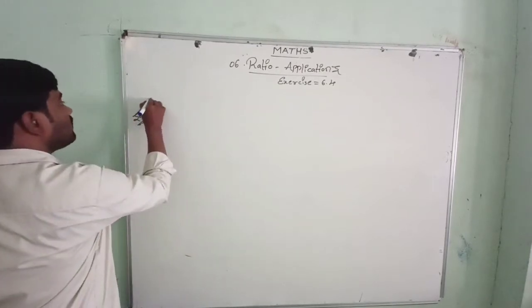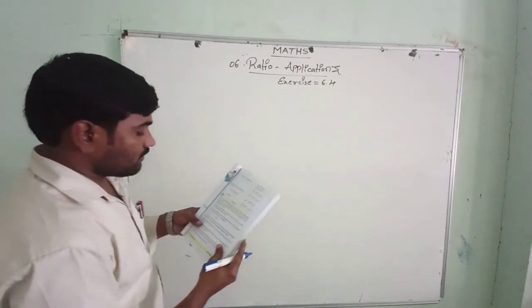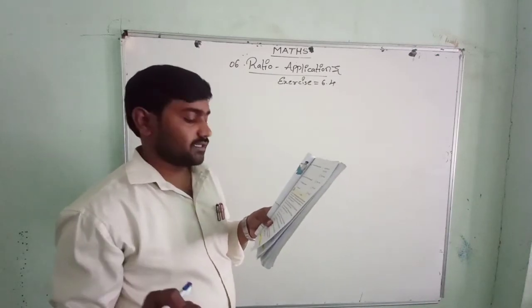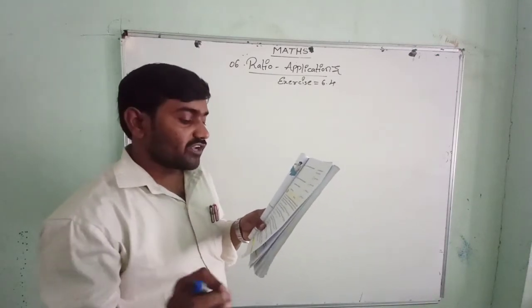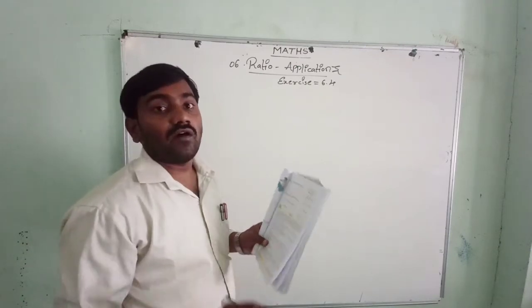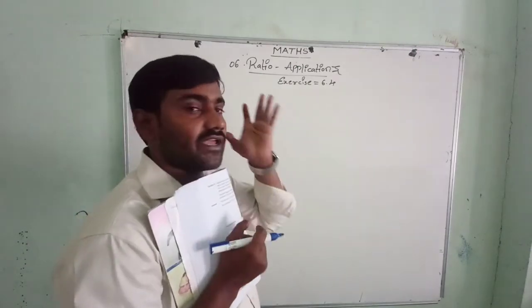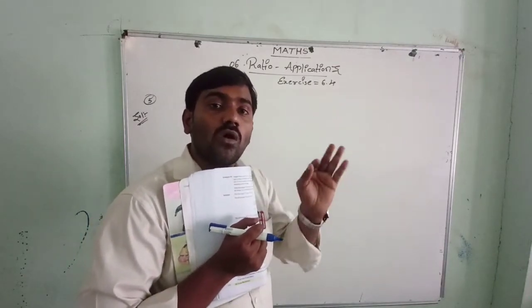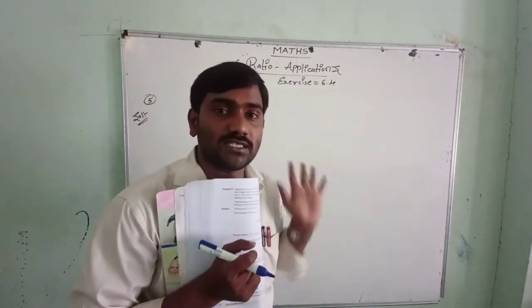Then question number 5. On a rainy day, out of 150 students in a school, 25 were absent. One day it was raining heavily. So out of 150 students in a school, only 125 children were present.